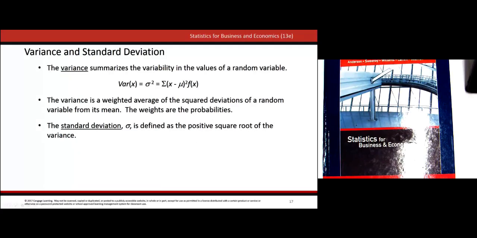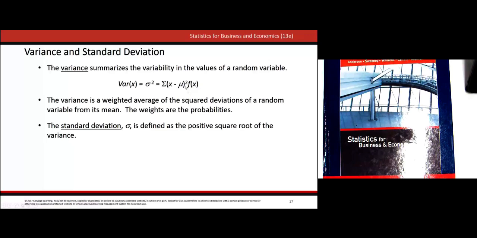And variance summarizes the variability in the values of the random variable, which is denoted by sigma square. It is the weighted average of the square deviations of the random variable from its mean.